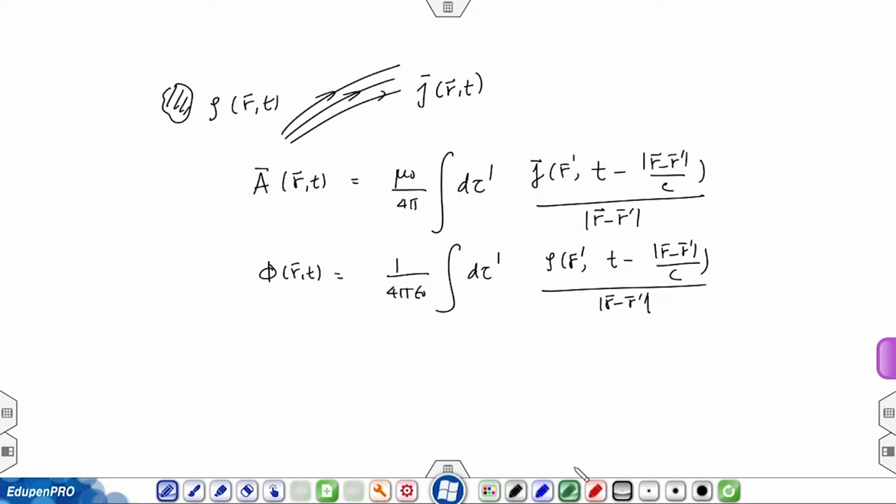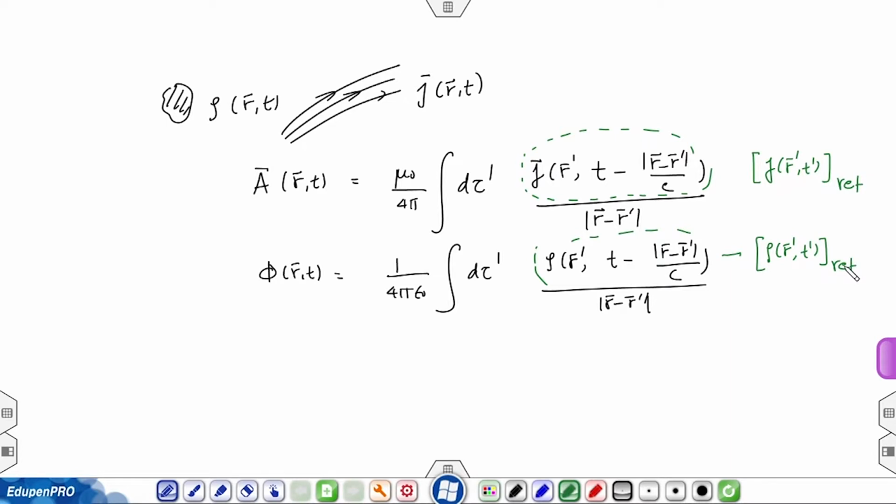And this whole thing calculated at retarded time is sometimes also indicated as J(r prime, t prime retarded), and similarly here this is indicated as rho(r prime, t prime retarded).